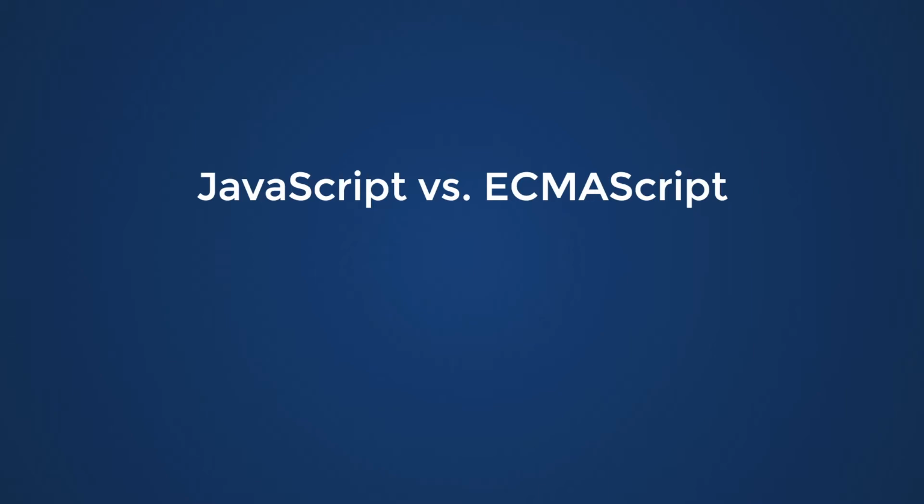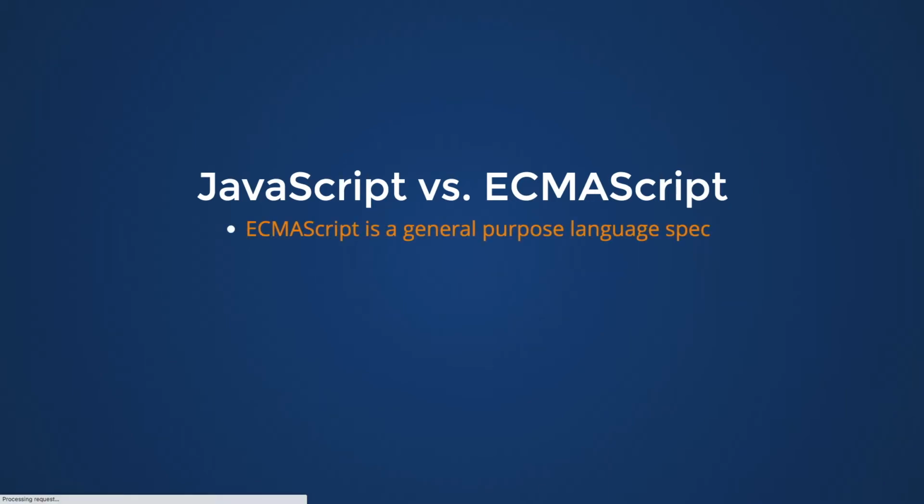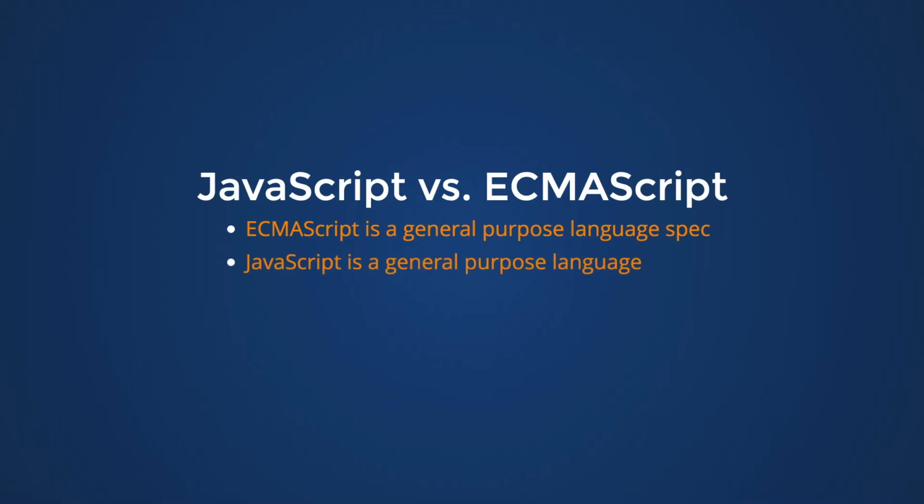All right, so JavaScript versus ECMAScript. Again, clearing up some more confusion here. Like we've already said, ECMAScript is a general purpose language specification. Again, it lays out the guidelines and the syntax rules for building an ECMAScript compliant language. And JavaScript is a general purpose language.